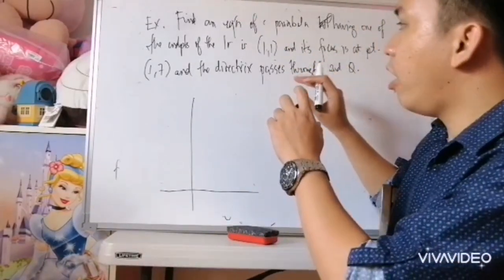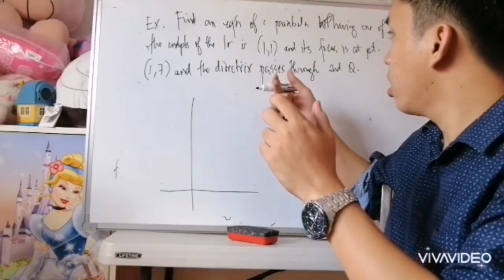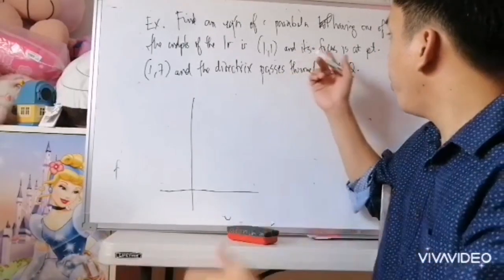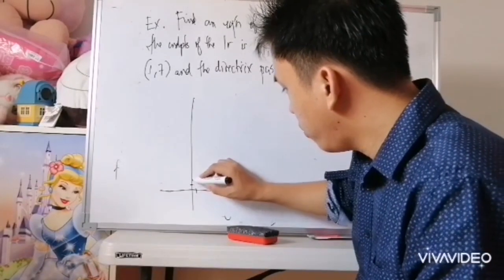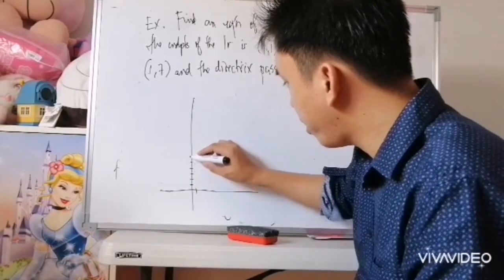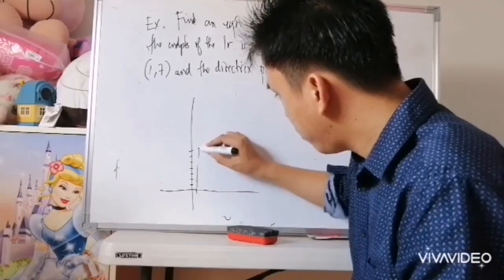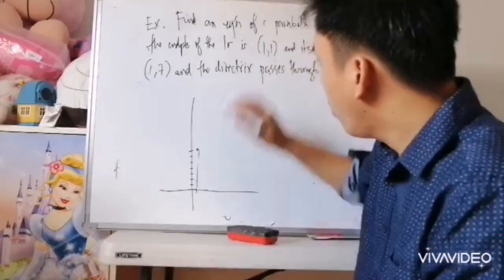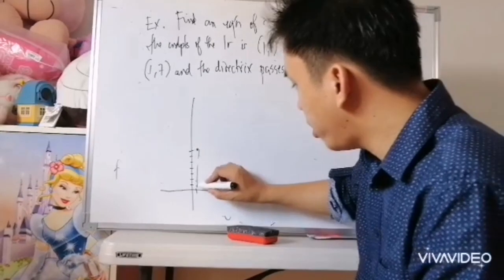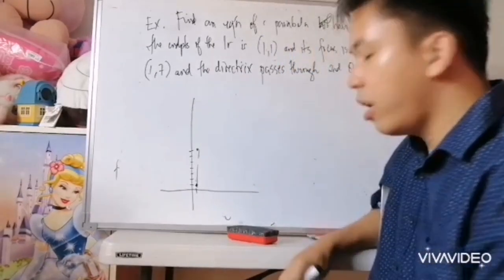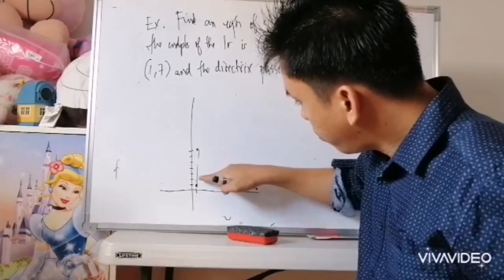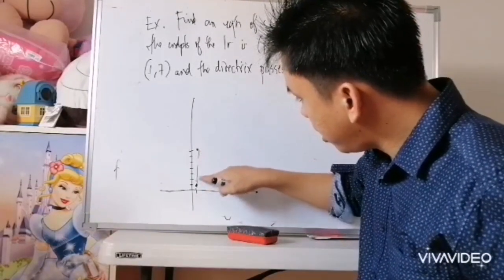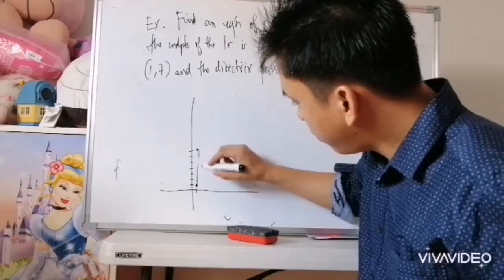So you'll have the focus found at point 1, 7. So let's say 1, 2, 3, 4, 5, 6, 7. So this is your focus here. One of the endpoints is found at 1, 1. So this is the endpoint of your latus rectum. The distance here is 6, so 6 units.